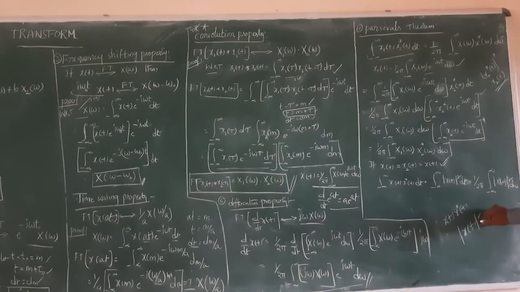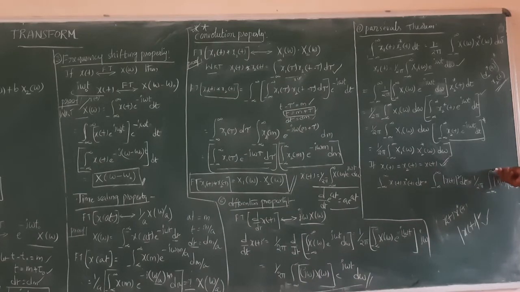From this basic criteria, integral minus infinity to infinity modulus of x of t whole square into dt is equal to 1 by 2 pi. Here x1 of omega and x2 of omega both are the same, that's why I can represent integral minus infinity to infinity modulus of x of omega whole square into d omega, guys. So that is nothing but Parseval's theorem.